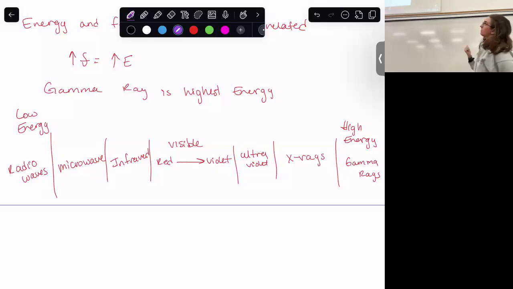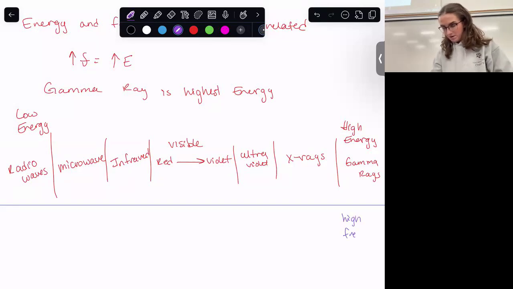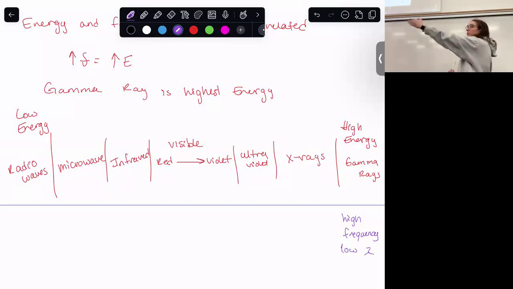And then if you remember low energy and high energy, then you can also remember which ones are low frequency and high frequency, because if you remember the trends, then you can fill it in that way. And you only need to remember one side. So if you remember just the high energy, you know that that is also high frequency and therefore low wavelength. Then you know that the opposite side of the spectrum has to be the opposite of what you just memorized.